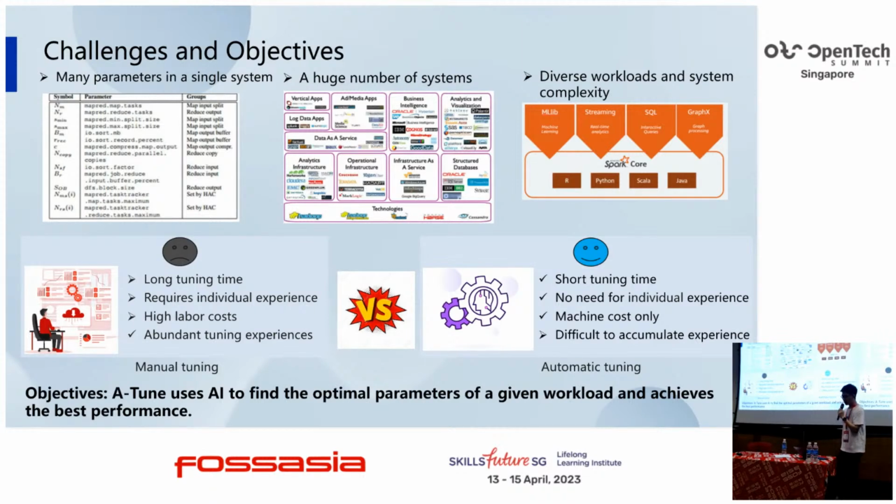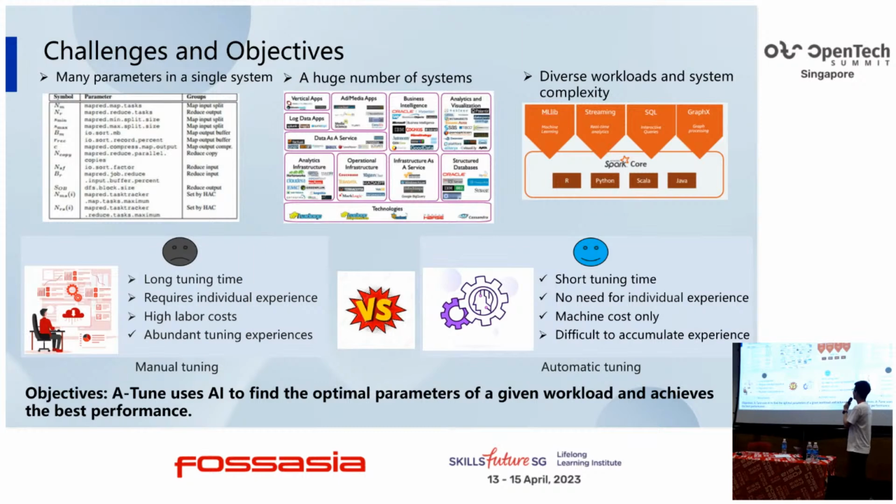However, if we use manual tuning to tune these parameters, there are several disadvantages. For example, it requires long tuning time, requires individual experience, and has high labor costs. However, if we use AI for automatic tuning, there are several advantages.